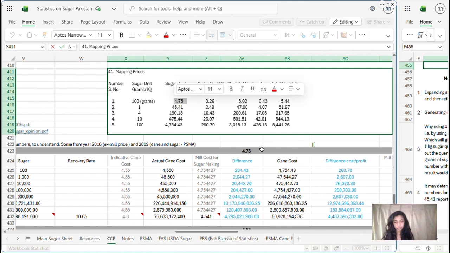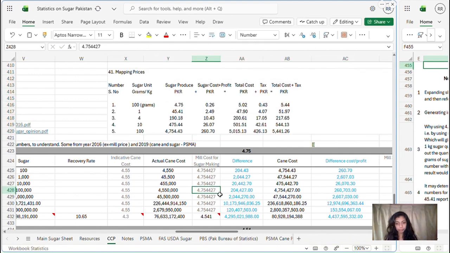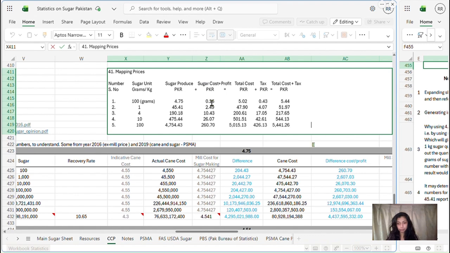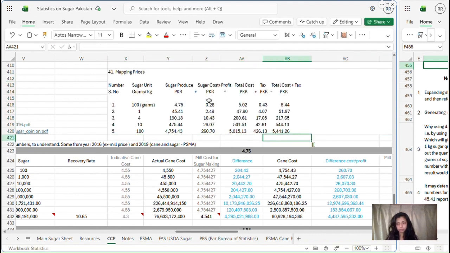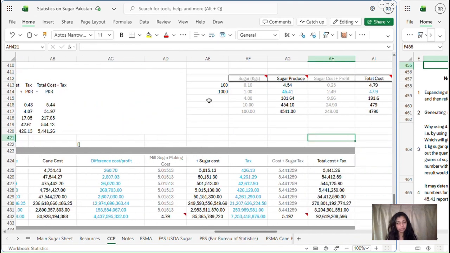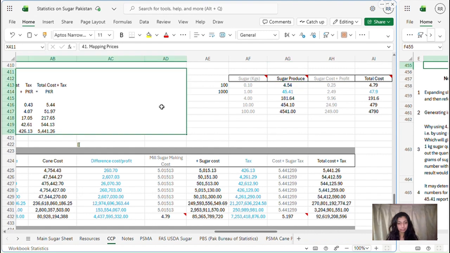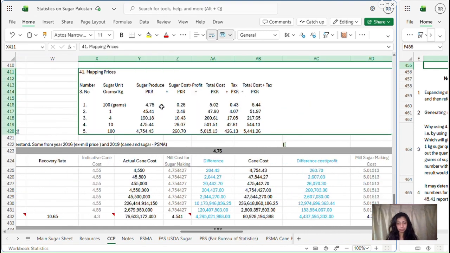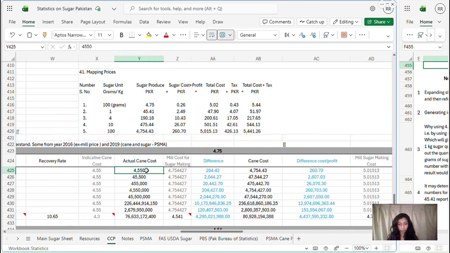To expand this table, the table would be the same, but the base number, 4.54 here and 4.75 there, would be changed. So what we are going to do is just expand this table and add more numbers.